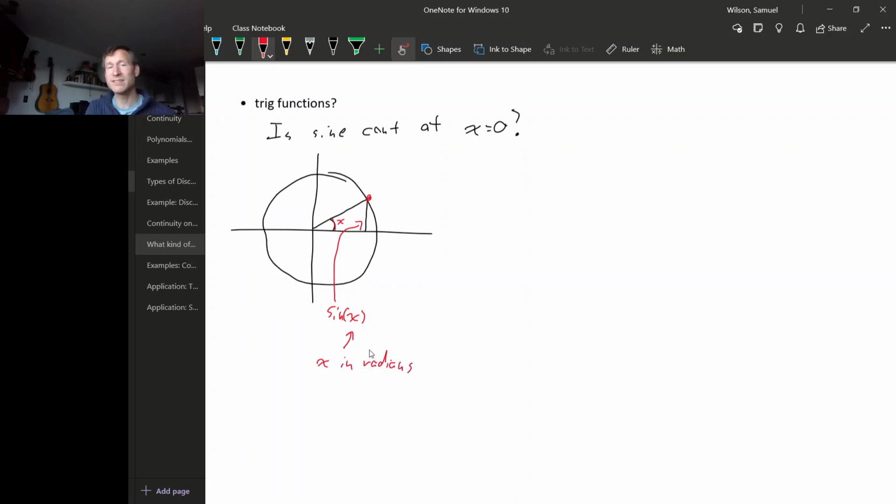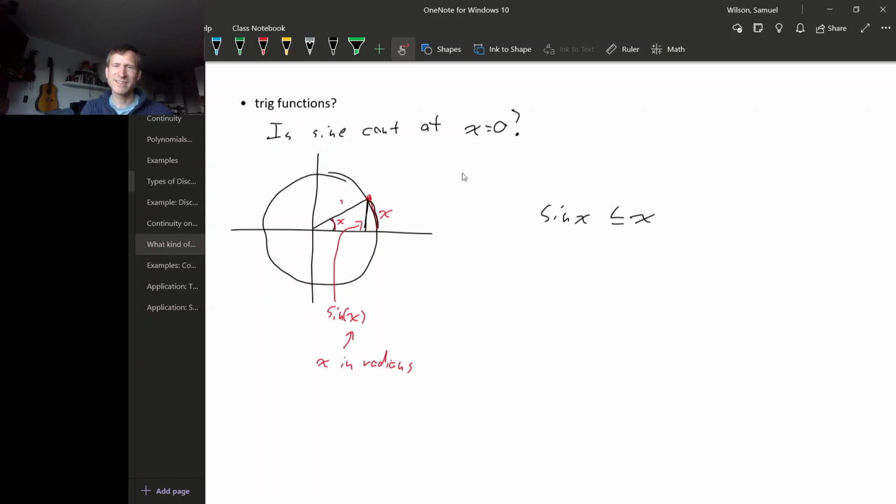Well, if you're measuring x in radians and we have a unit circle here, the arc length here is actually x. So we have this vertical line segment that's sine of x, and we have this arc to its right that has length x. But that means that sine of x has to be less than or equal to x.